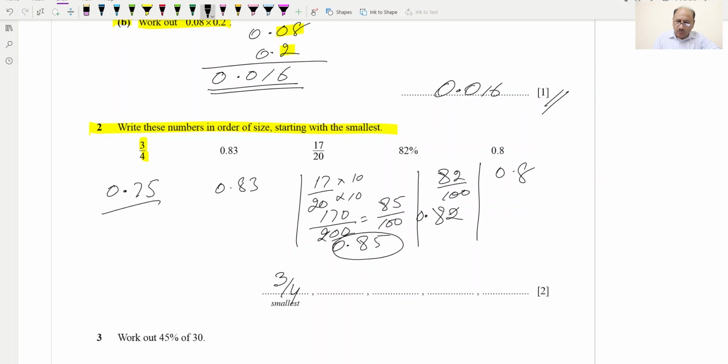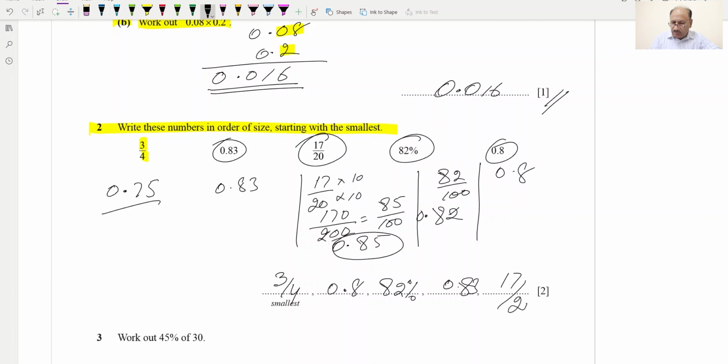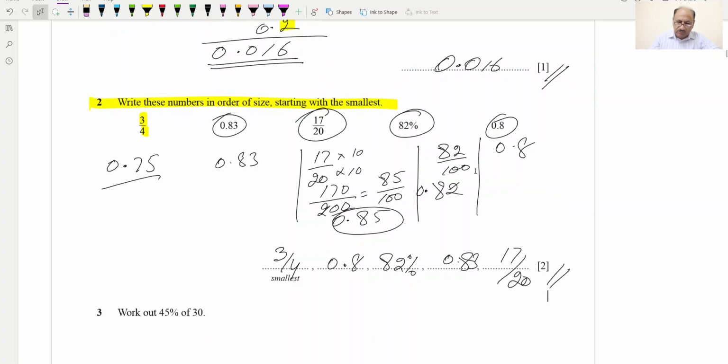Then comes 0.8, and next number is 0.82, which is 82%, and next will be 0.83, and the last one is 17 by 20, and this was a 2 mark question.